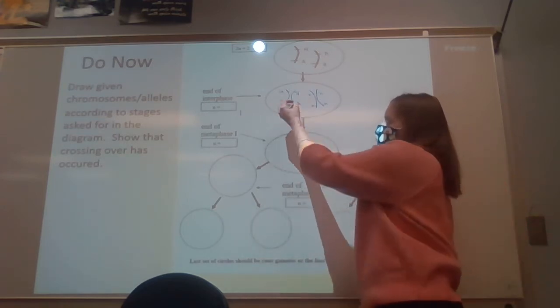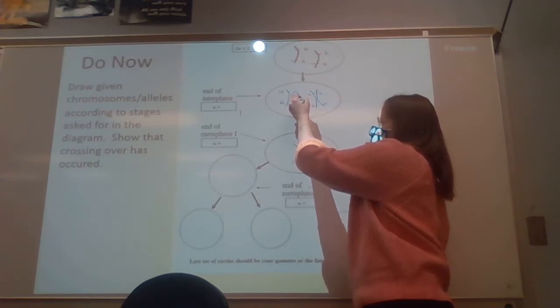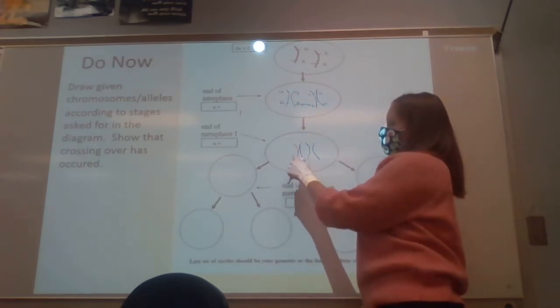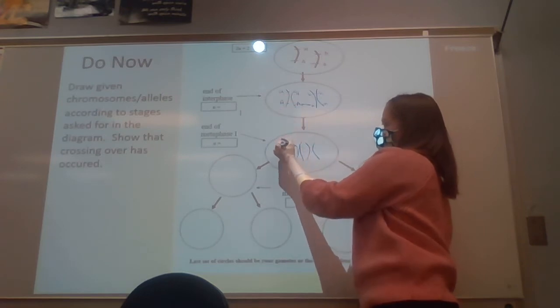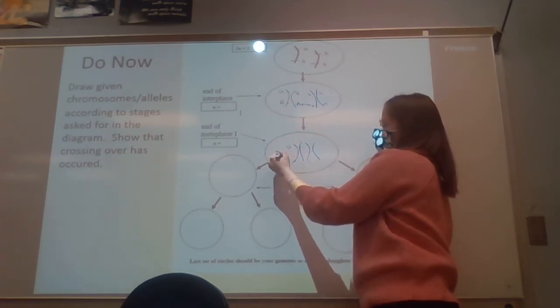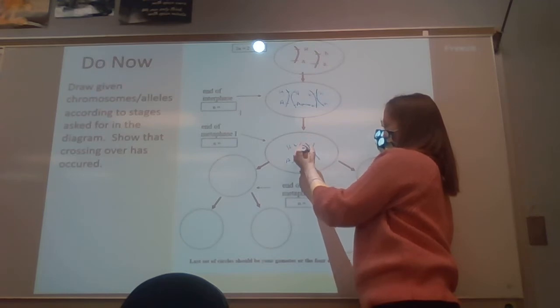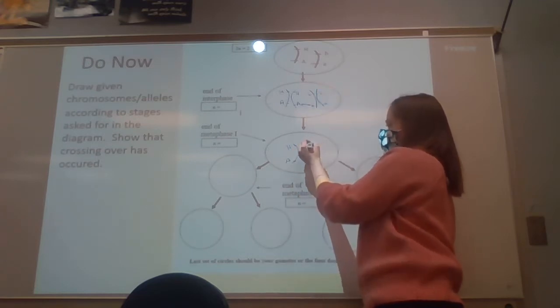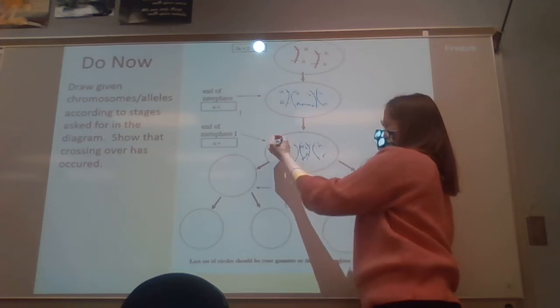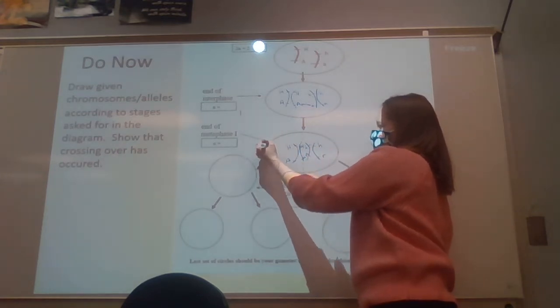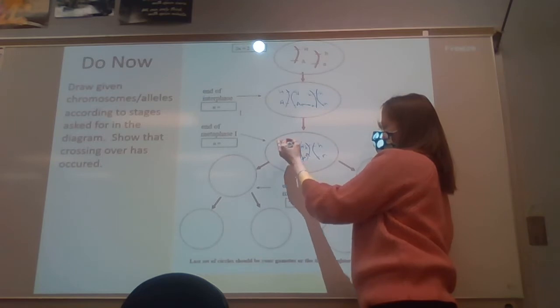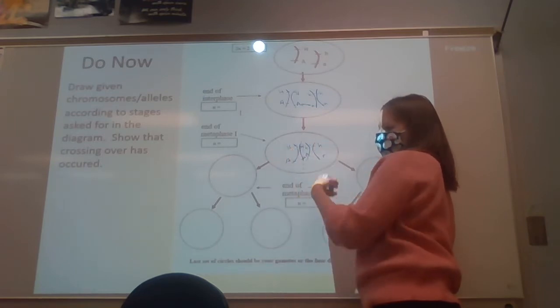The A. So if we swap those A's, right, then in metaphase, one chromatid will have both dominant copies, and this chromatid will have the dominant H and the recessive A, and this one will have the recessive H and the dominant A. I'm sorry, this is really small, so you probably can't see that. And then the fourth one will have both recessive copies, right? So it'll be H, A, dominant, recessive, dominant.